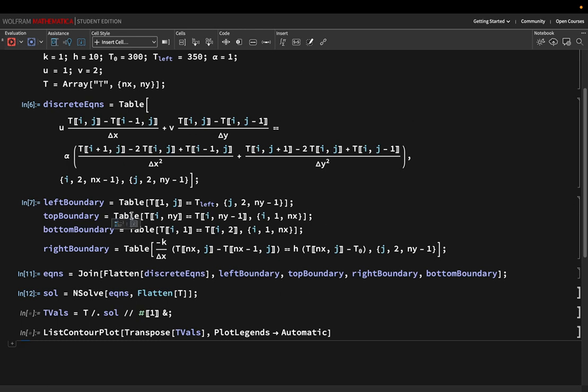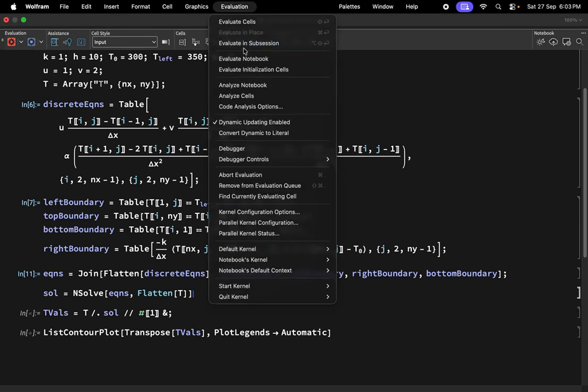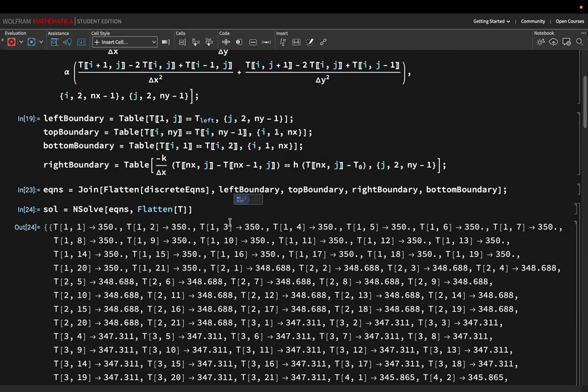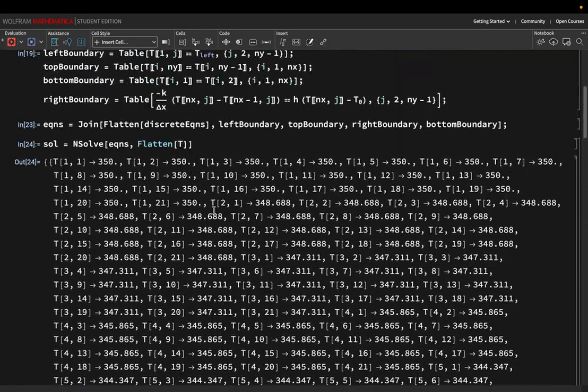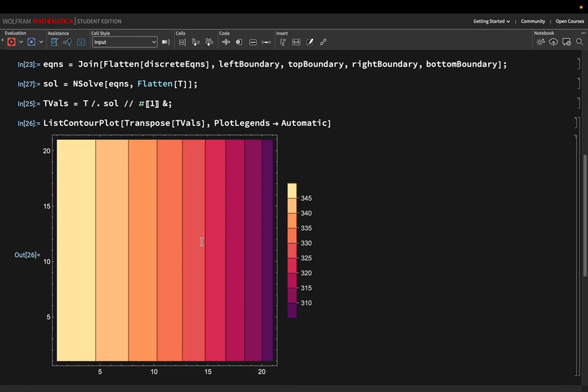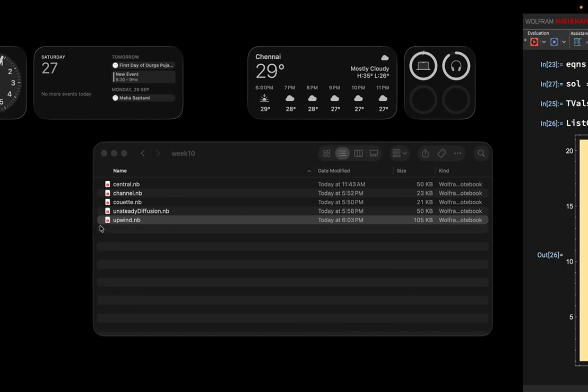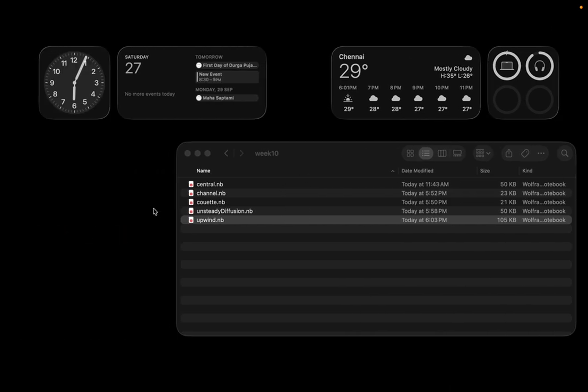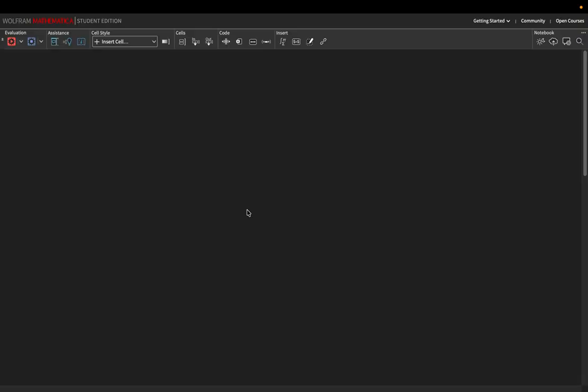Taking longer than we should, for some reason. So as you can see, if you compare this with the previous one that we got, the previous one was this one.